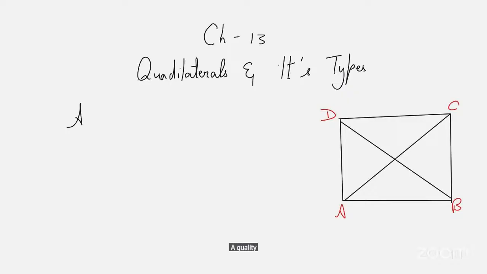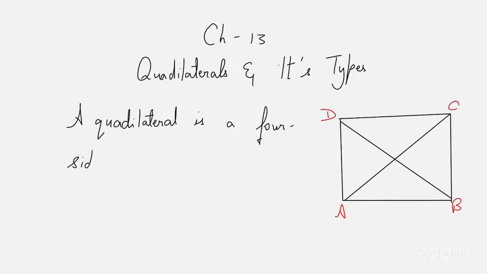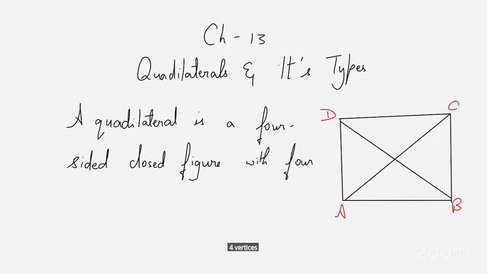A quadrilateral is a four-sided closed figure with four vertices and two diagonals.